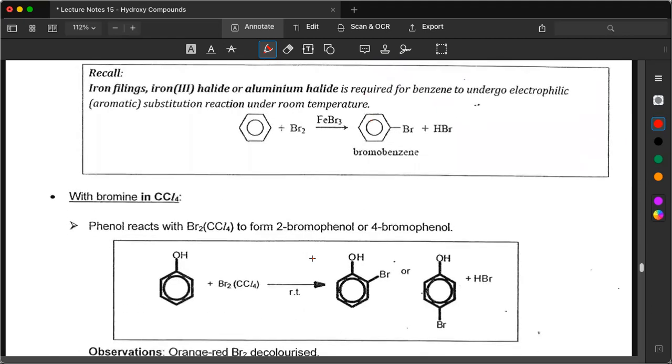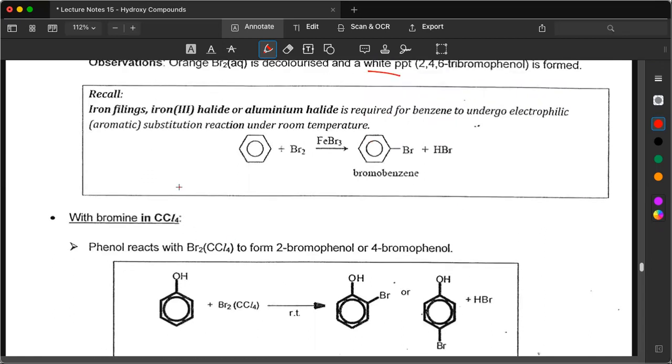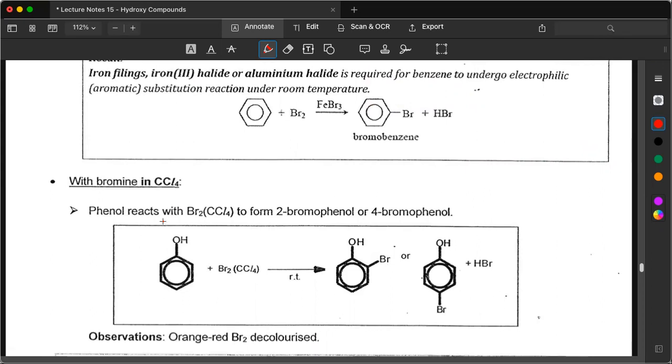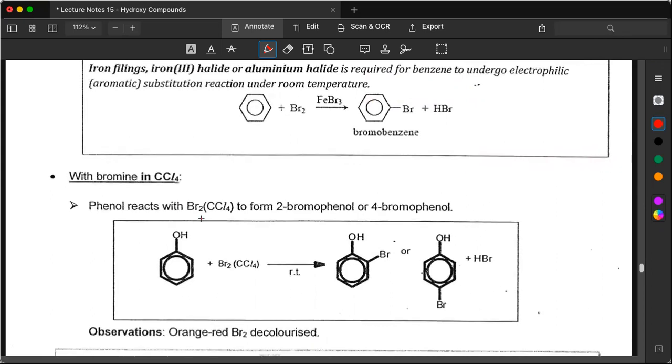But in the case of phenol, we can just use bromine in CCl4, which is an organic solvent for bromine, as bromine dissolves better in organic solvent since it's a non-polar molecule. So the phenol will react with Br2 dissolved in CCl4 to form either 2- or 4-bromophenol.